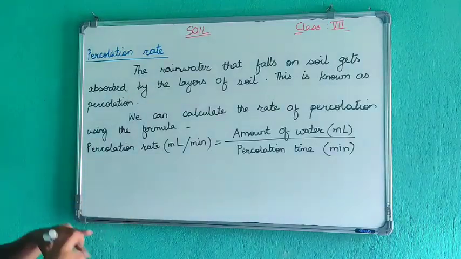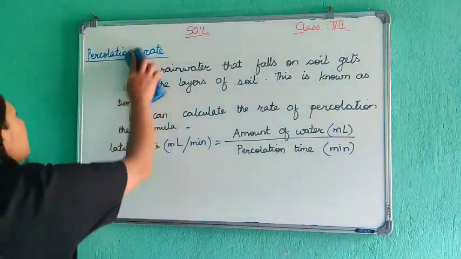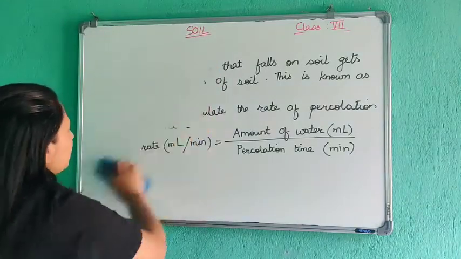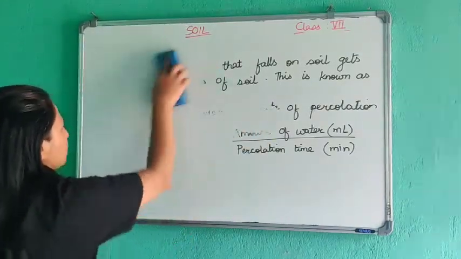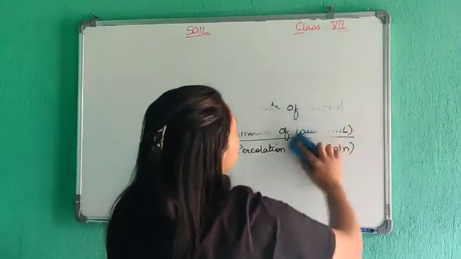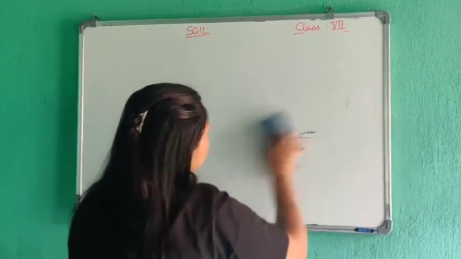Now let us calculate the percolation rate using this formula. For that I will write down one question and let us find out the percolation rate of that soil.